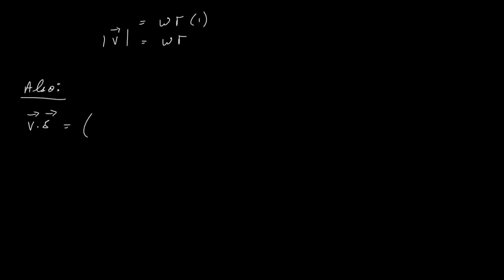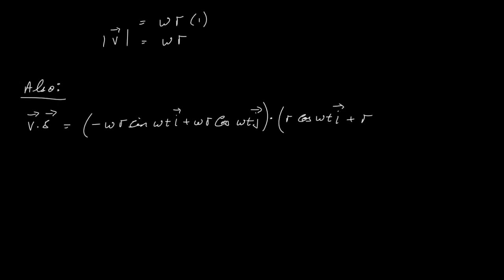So that's minus omega r sine omega t i plus omega r cos omega t j. We want to do the dot product with the displacement vector, which was r cos omega t in the i direction plus r sine omega t in the j direction.